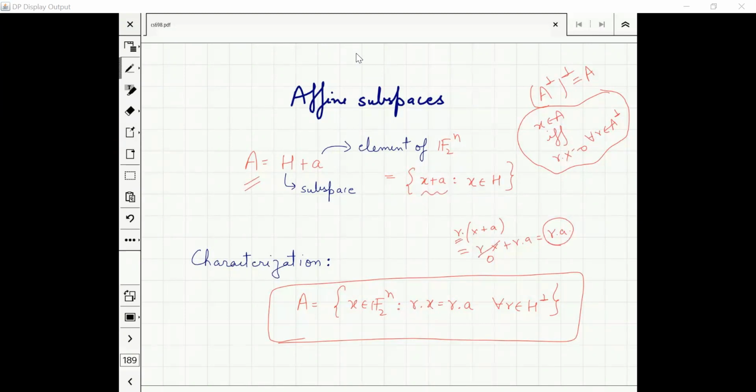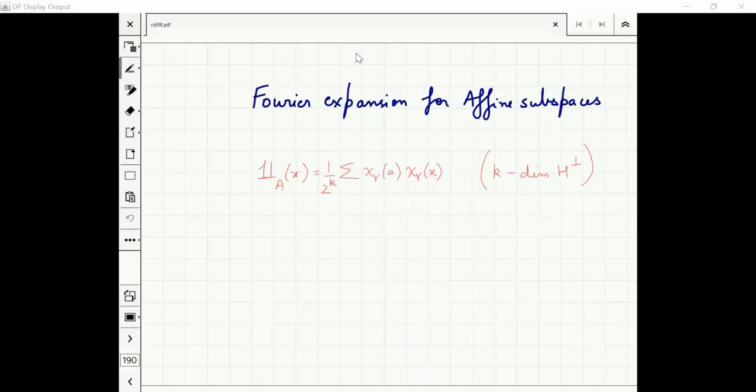So what we have shown is a characterization of affine subspace, like the subspace. For the subspace, the characterization was like this. For the affine subspace, the characterization is at the bottom, and you can see the similarity. Once you know this, you will again get the Fourier expansion.